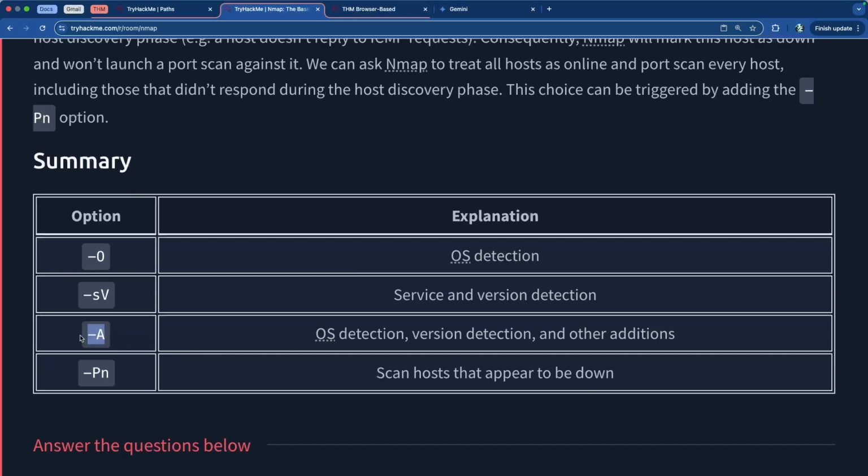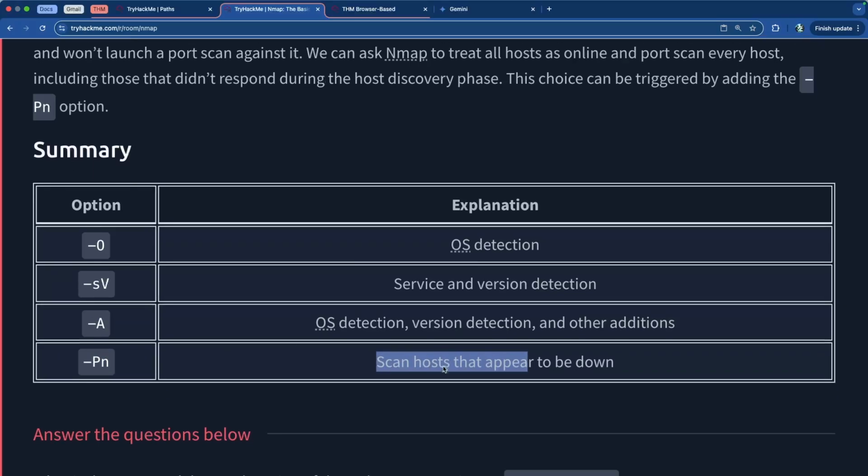If you do capital A, but you do it on one port, then it'll take maybe a couple of minutes, right? Because it's just looking at all the details for that given port. But for the most part, if you run it on the top 1,000 most common or even the top 100 most common, it'll take a minute for it to complete that. And then you have capital P lowercase n, which scans everything that appears to be down.